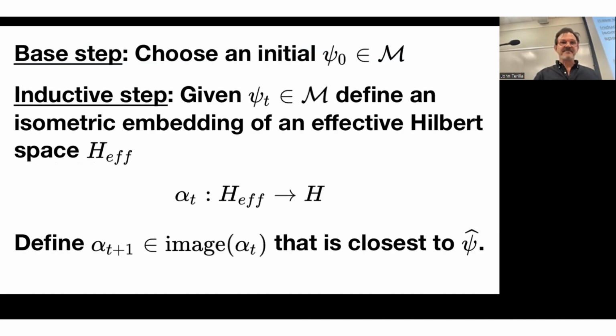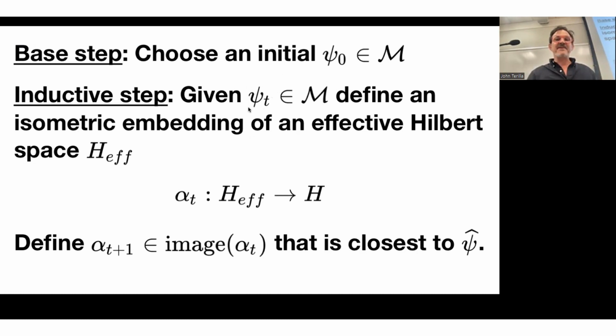The base step, you choose some initial one. And then the inductive step is, suppose I have a matrix product state. From this matrix product state, I'm going to get an embedding of an effective Hilbert space. So this is just a small dimensional vector space.